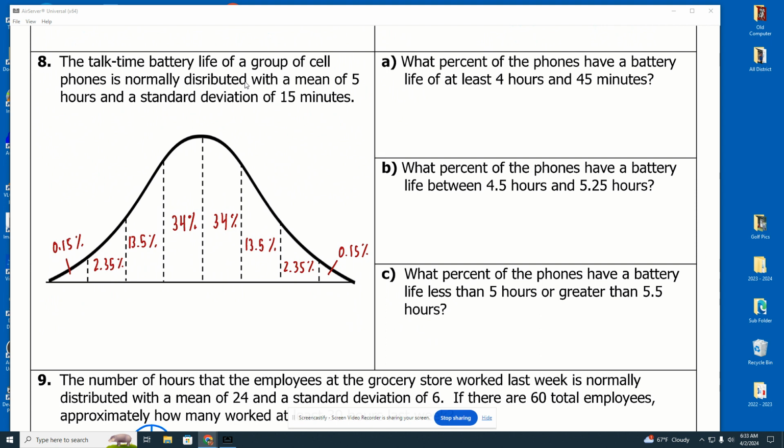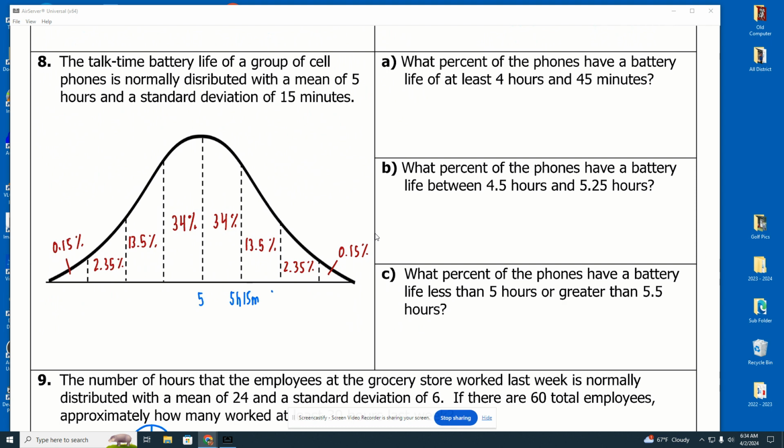So I want to talk about this. It tells me that it's normally distributed with a mean of 5 hours. Okay, so 5 hours is right smack dab in the middle, right? But then as we move up, we're adding 15 minutes. So if I go here, that's 5 hours and 15 minutes.